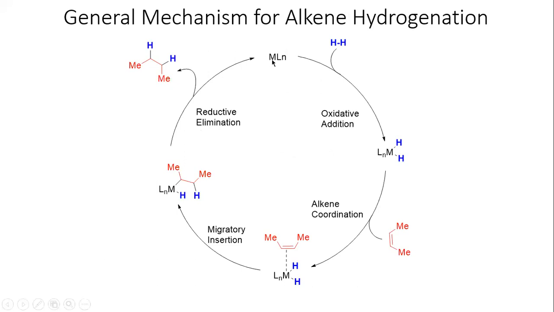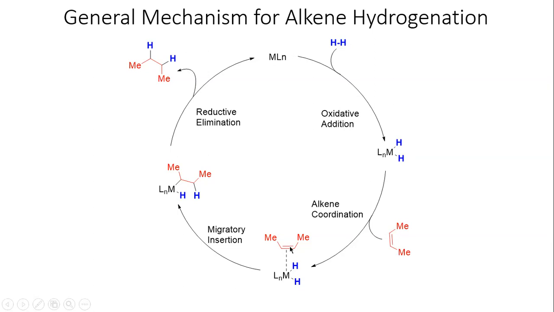So here's a general mechanism for hydrogenation, right? You start with your catalyst. This is the catalytic cycle for that. You add hydrogen across it, and then that metal hydride or metal dihydride can then coordinate an alkene and then do what's called migratory insertion, right?